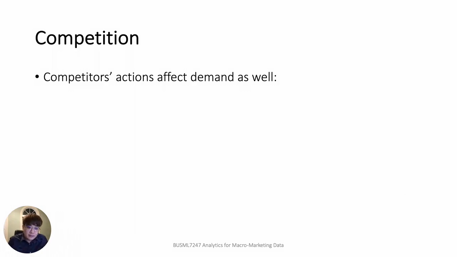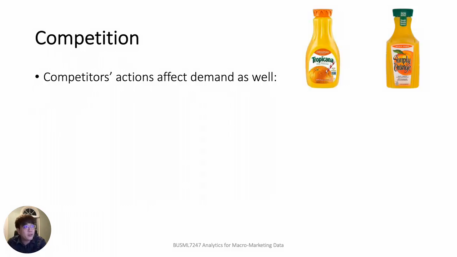In most cases, we have competitors in the market, and the competitors' actions also affect our product's demand. For example, let's think about Tropicana and Simply Orange No Pulp Juice. These two brands are major players of the classic orange juice market. Suppose that we are the Tropicana marketing team.